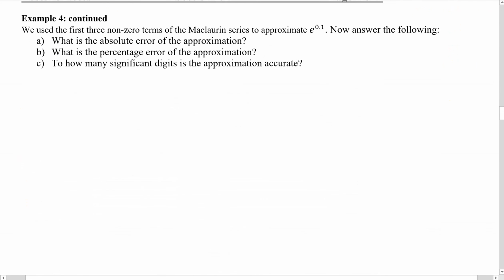Alright, let's continue. Okay, so we use the first 3 non-zero terms of the Maclaurin series to approximate e to the 0.1. Now answer the following. What is the absolute error of the approximation? First of all, let's find our approximation.